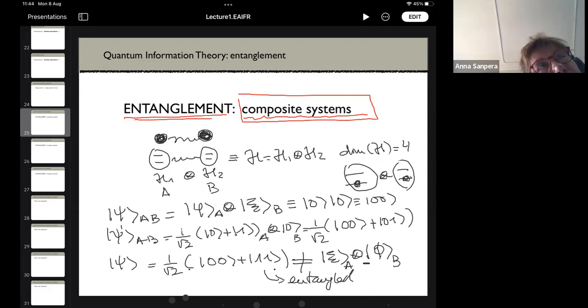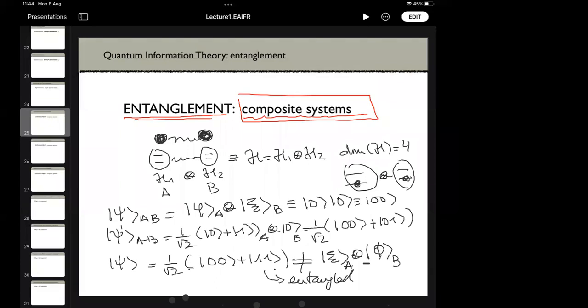If you want to rotate all together, a unitary that applies to both, definitely they will stay entangled. But if you apply a unitary in one system and a different unitary in another system, you can break the entanglement. A global unitary can never break it, so it's not basis dependent. Okay, thank you.